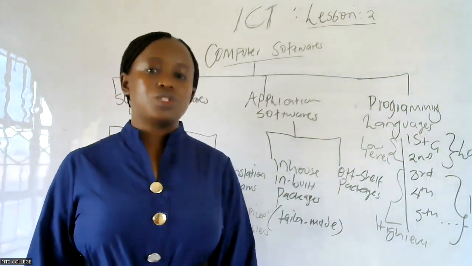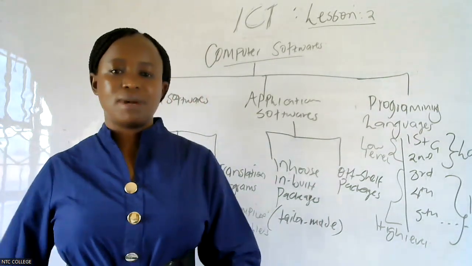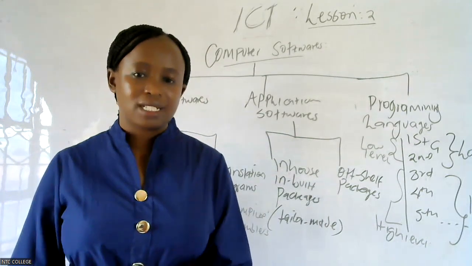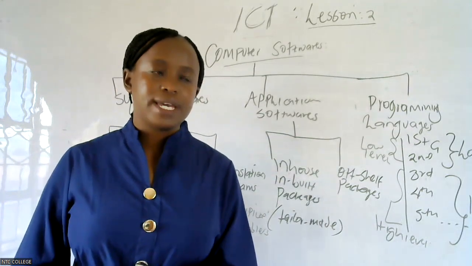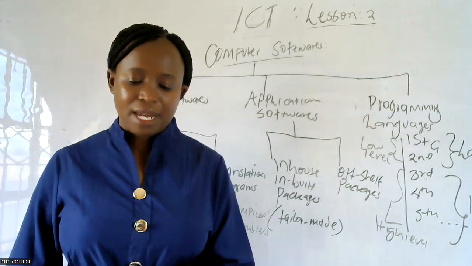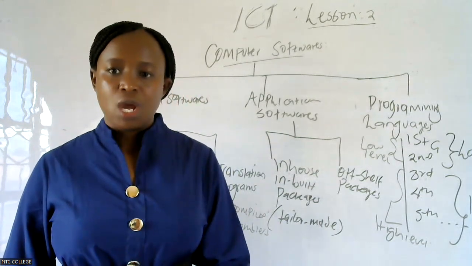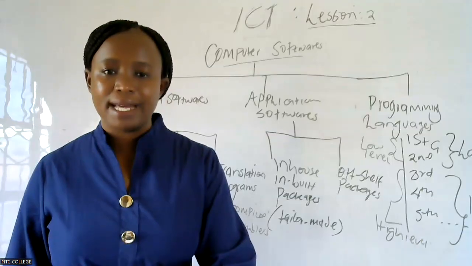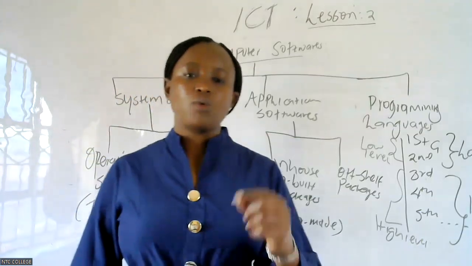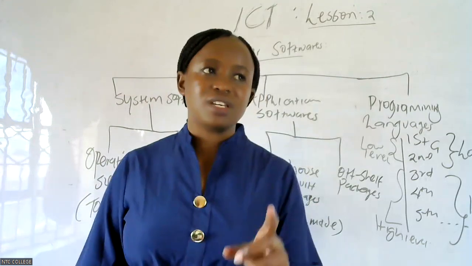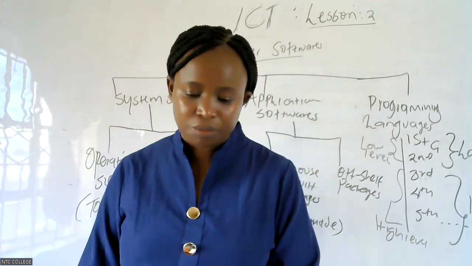You don't specify the procedure for the machine to act on your behalf. What you do is you query. And when you are querying, it gives you an answer. You ask, you command, it gives you feedback without you having to give it the procedure to follow.